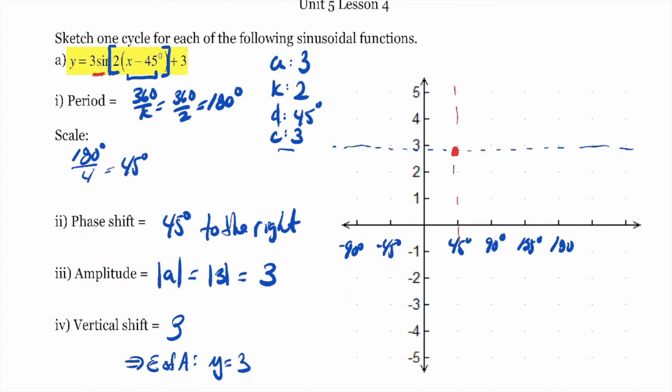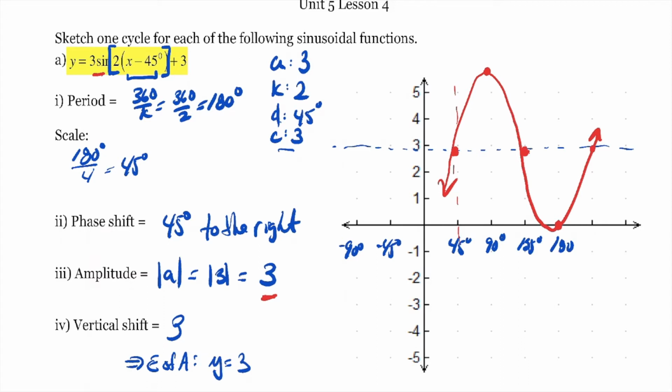So we go up by amplitude of 3, from 3 to 6, roughly right there. Then we come back down to the equation of axes, coming down 3, and then down 3 more, and back up 3. That's our 5-point technique for graphing a sinusoidal curve. Then we just connect it with a nice smooth sinusoidal curve, and that's what our graph looks like.